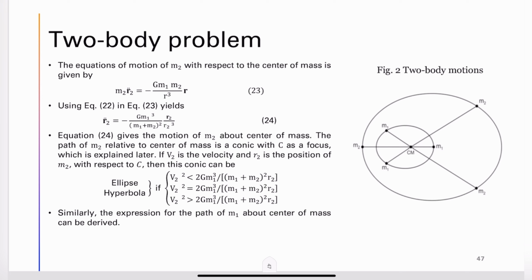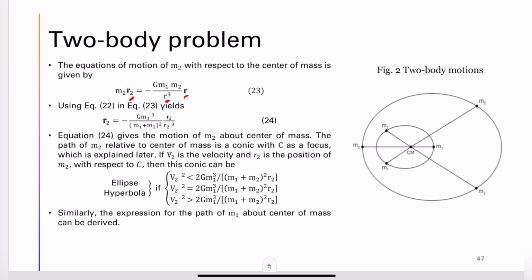So for the equation of motion of m2, remember, this r2 is with respect to the barycenter, not with respect to the origin. So this acceleration r2 double dot is equal to minus G m1 into m2 divided by r cube into r. We know this r is nothing but the position vector between r1 and r2.